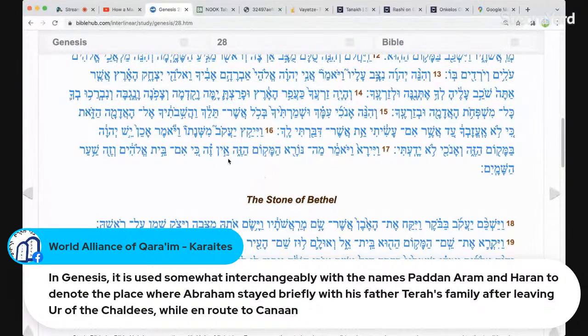And then a very strange statement here: "Ein zeh ki im beit Elohim, v'zeh sha'ar hashamayim." Look at that, Bruce. This is none other than the house of God, and this is the gate to heaven.